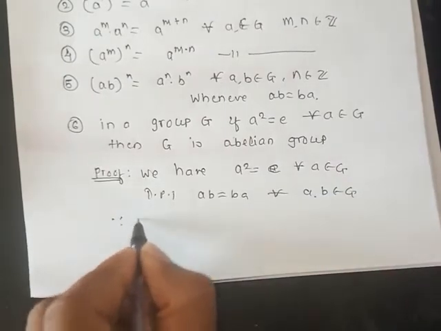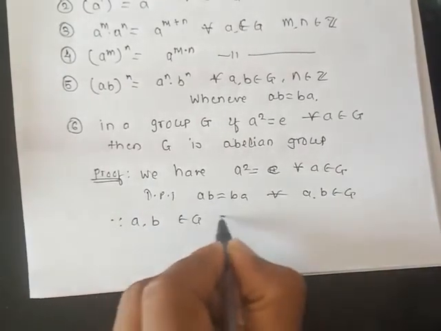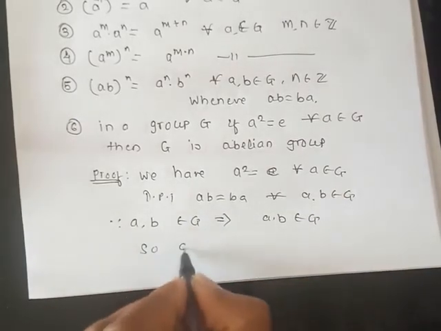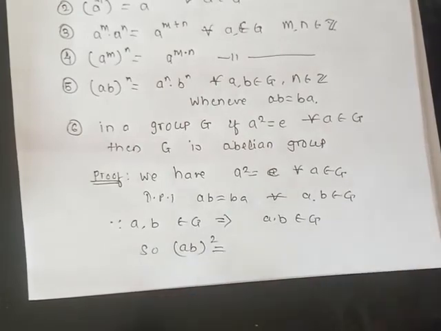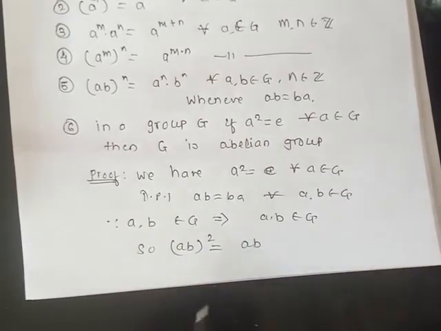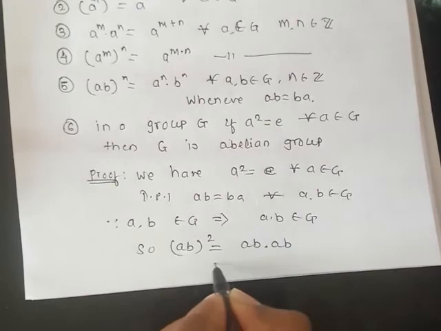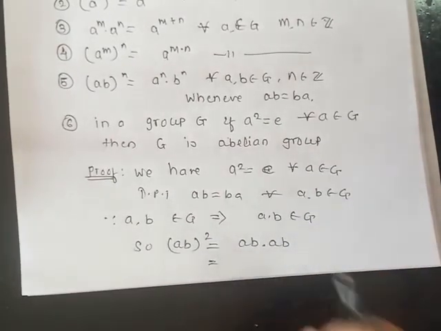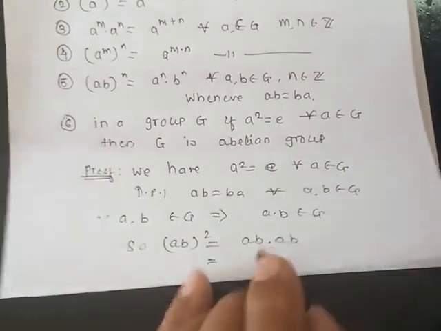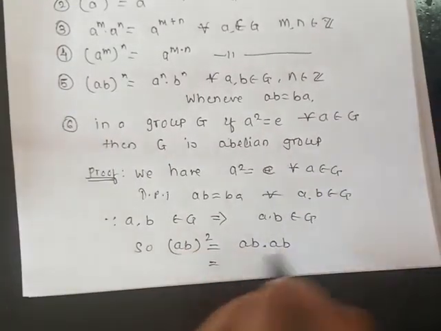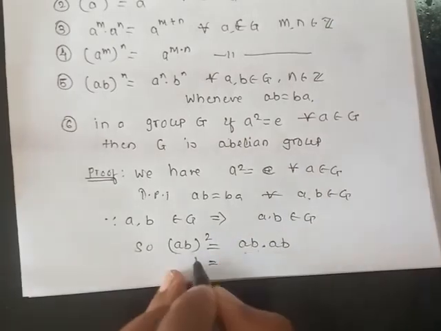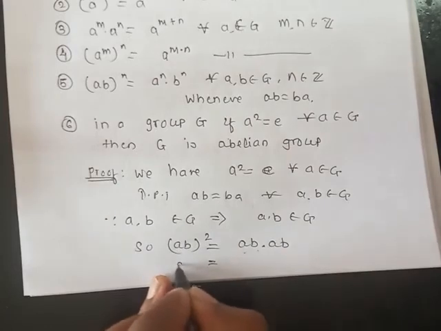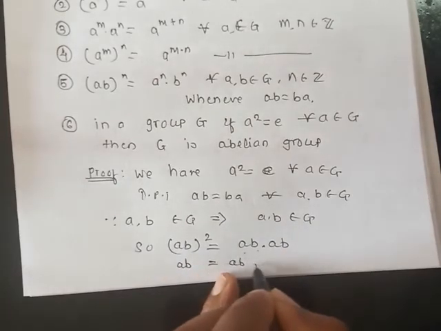Now since A comma B belongs to G implies that AB also belongs to G. So (AB) square is equal to AB into AB. But this (AB) square, again AB is an element of G, so (AB) square is equal to what?